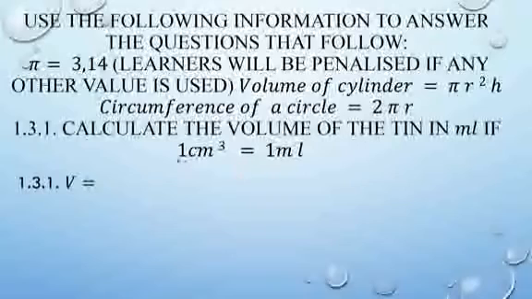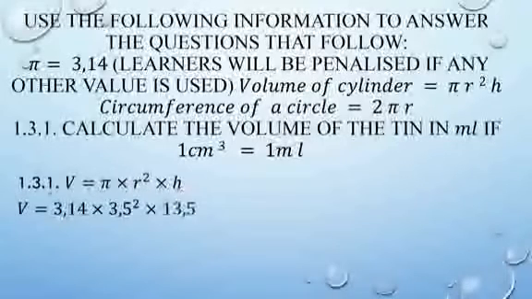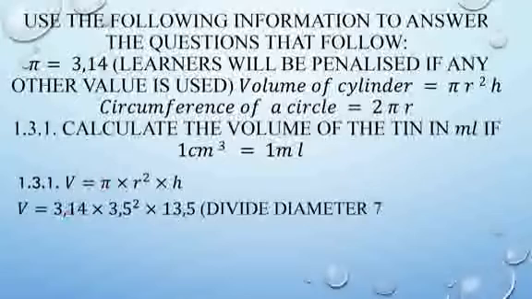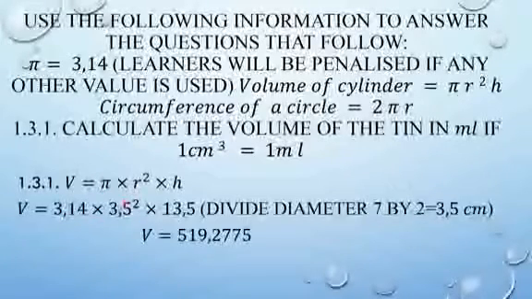So now we are going to calculate the volume. The volume is given as pi multiplied by r squared multiplied by height. So to replace pi, we write 3,14, and to replace r, we replace it by 3,5. Remember, the diameter is given as 7 meters.